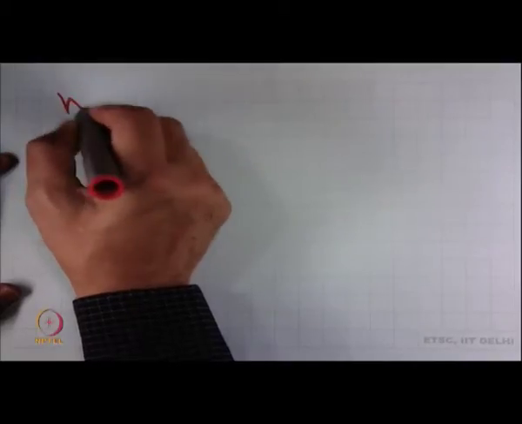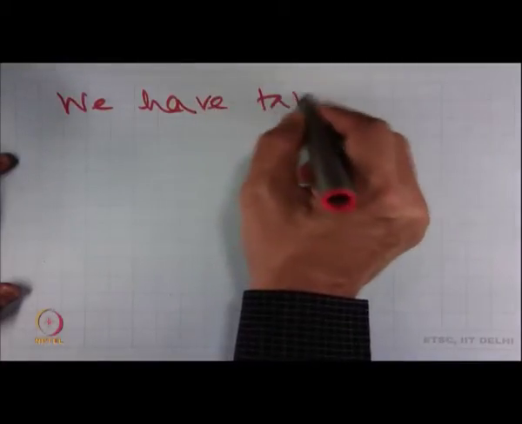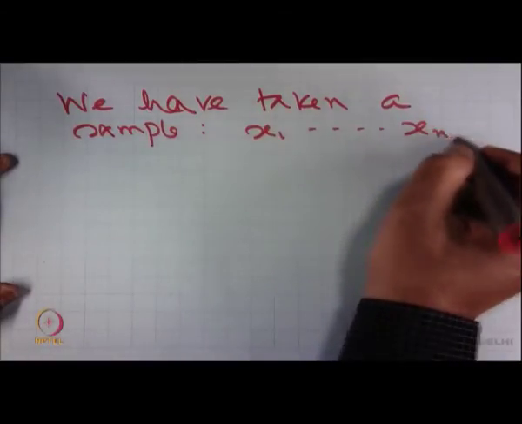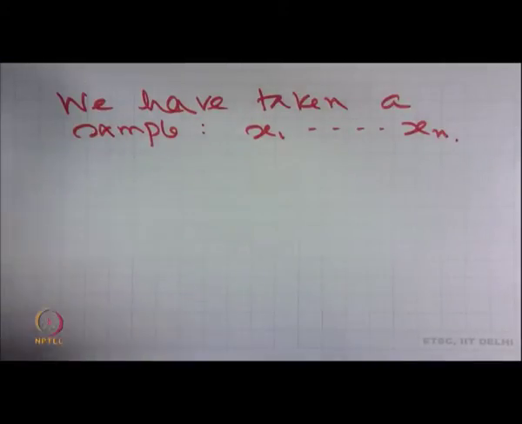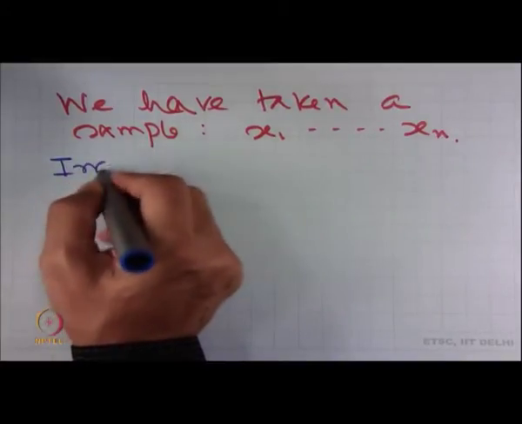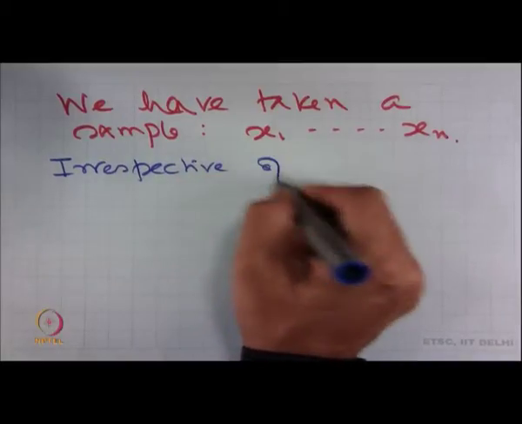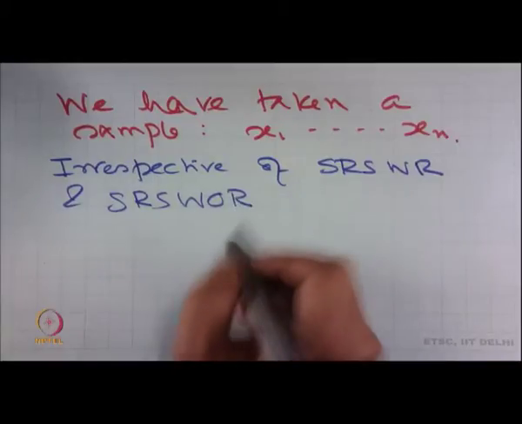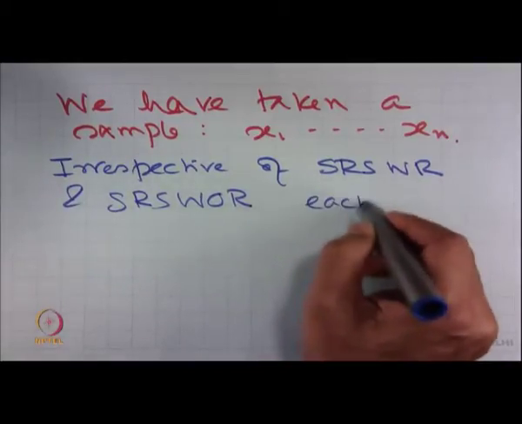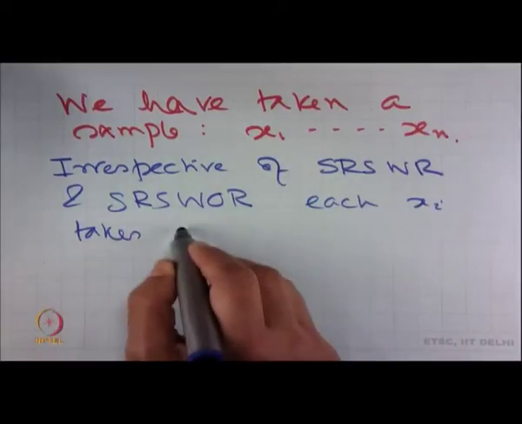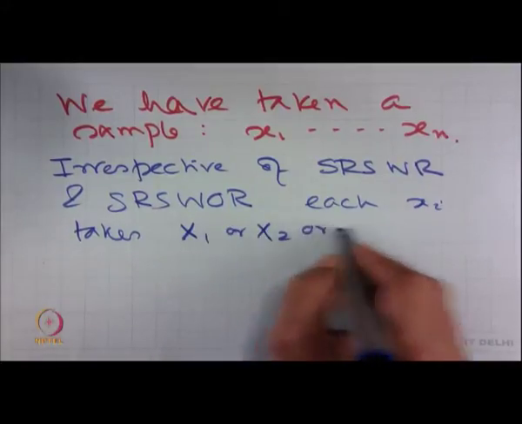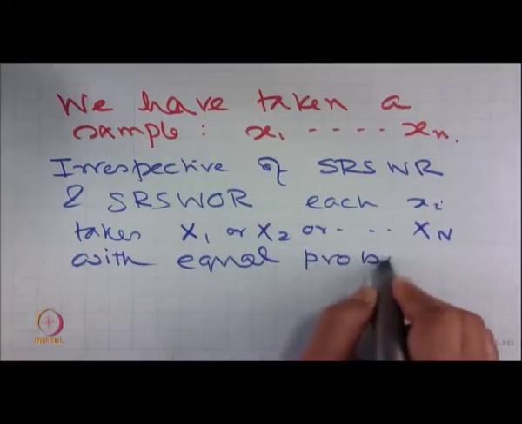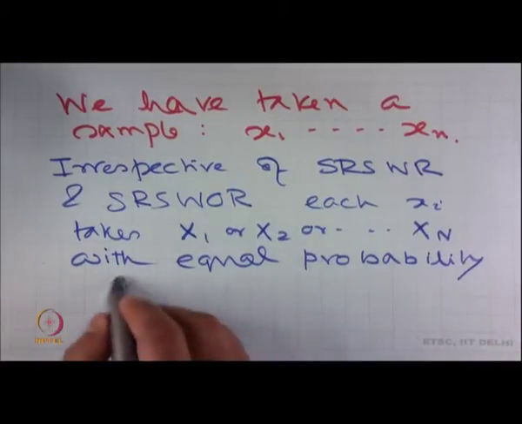We have taken a sample, irrespective of SRS WOR and SRS WR, each xi takes x1 or x2 or xn with equal probability, one upon n.